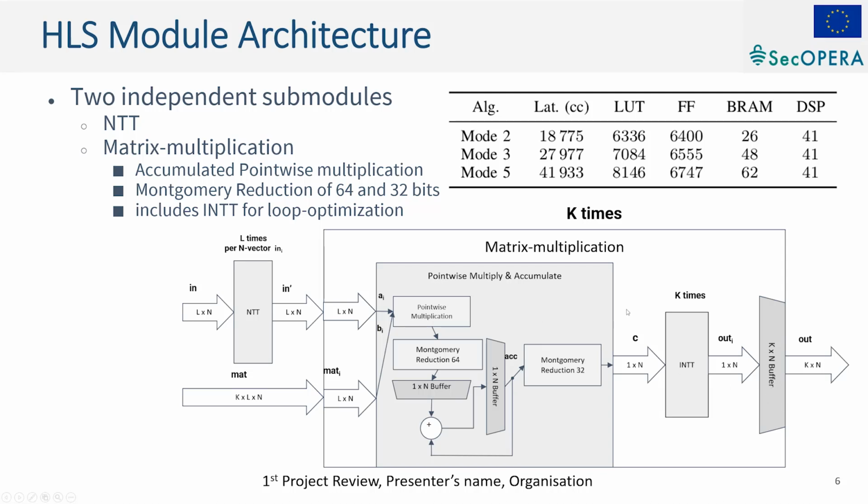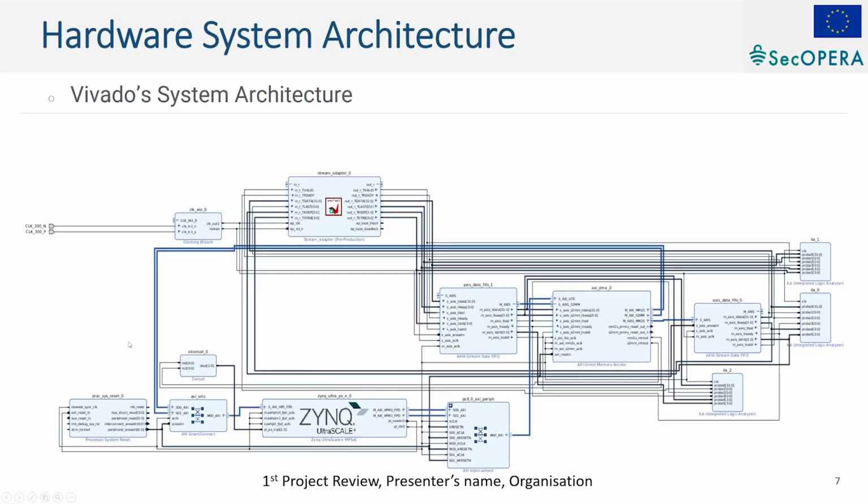So the final module of the NTT and the matrix multiplication can be seen here, along with the resource utilization. This is the system architecture of our design based on the Vivado system architecture. The IP was designed in Vitis HLS code and can be seen here.